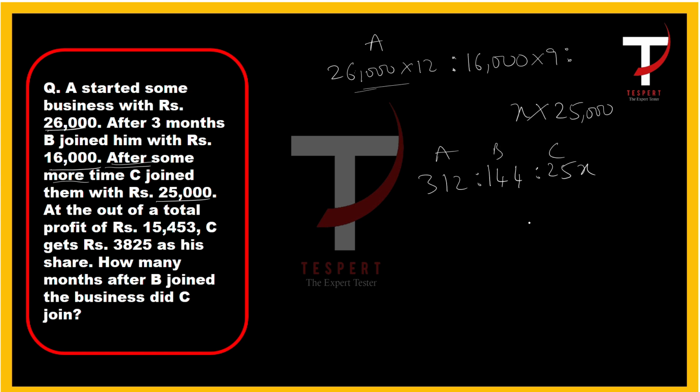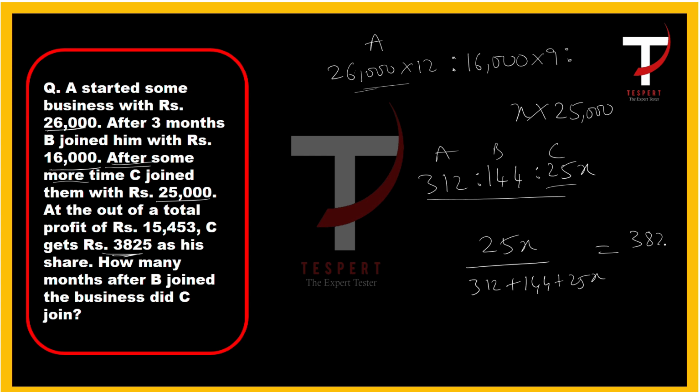25x divided by this complete 312 plus all the parts. Calculate all the parts. 144 plus 25x, that will be equal to how much? C gets 3825, right? 3825 out of total profit of 15,453.